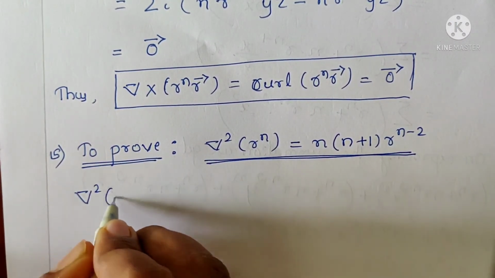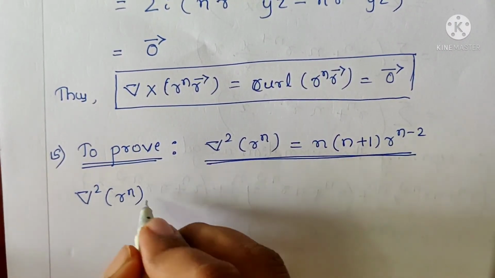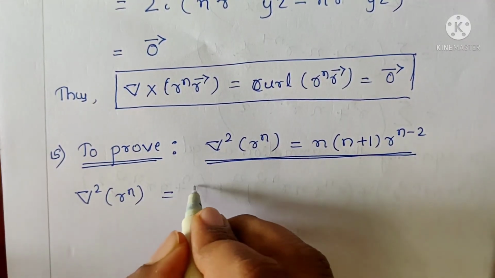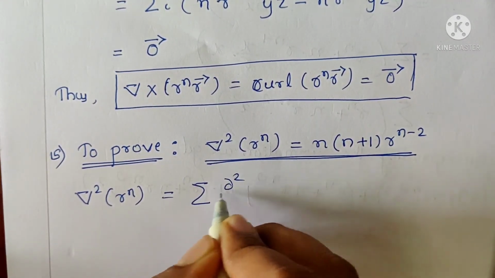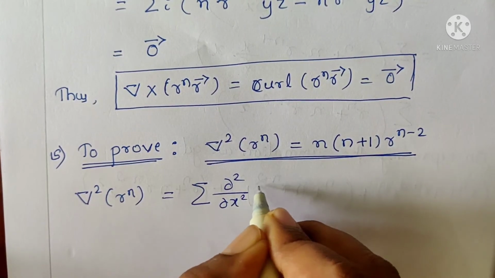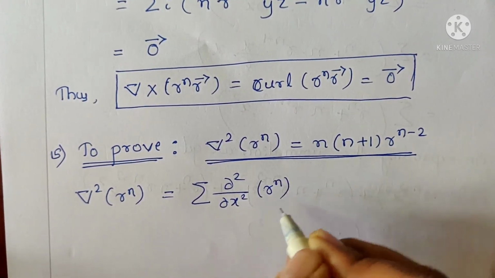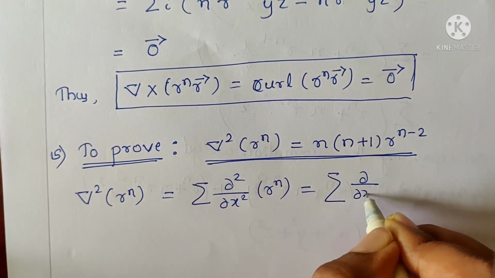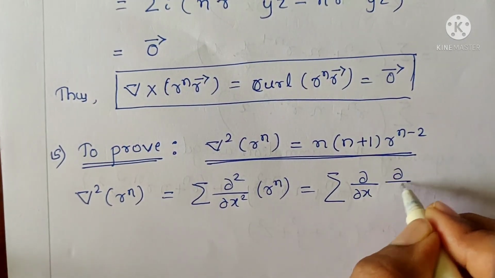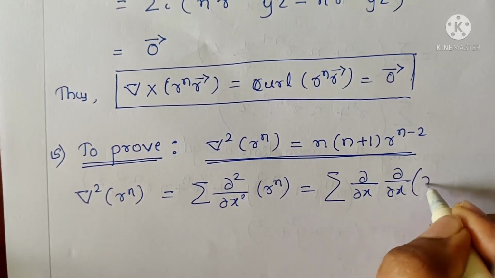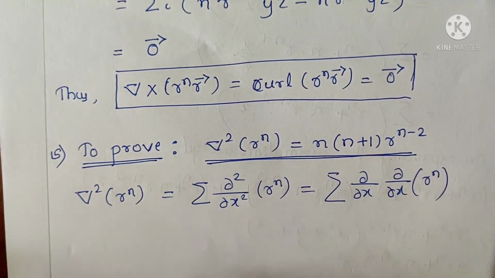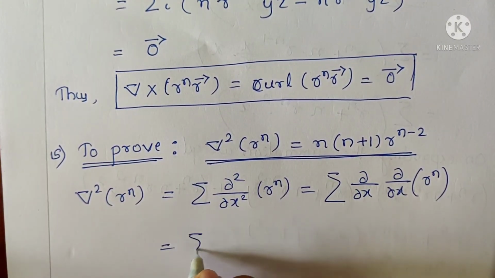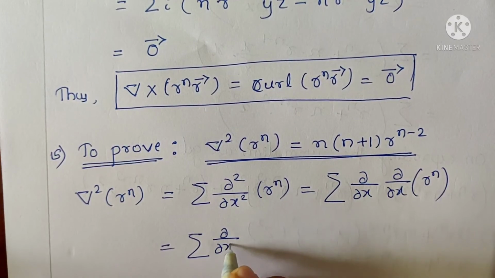Del square r raised to n, it can be written as summation of dou square by dou x square of r raised to n. That is summation of dou by dou x of dou by dou x of r raised to n. Keep dou by dou x as it is.